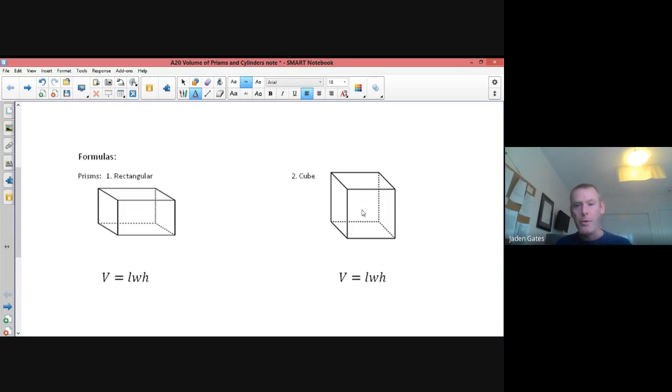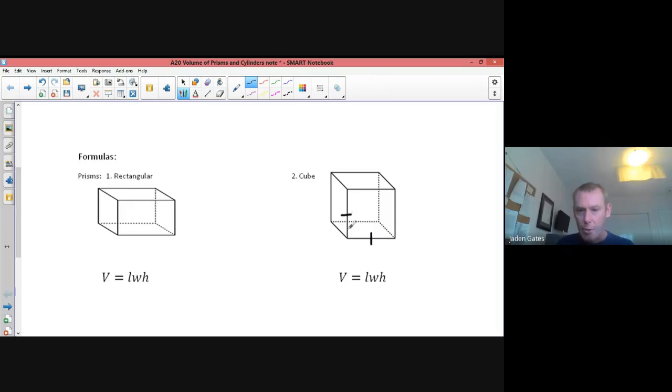There's also a cube. Now, a cube is a rectangular prism. It's a lot like a square. A square is a rectangle, just a special rectangle. A cube is the same, in which all the sides are equal.